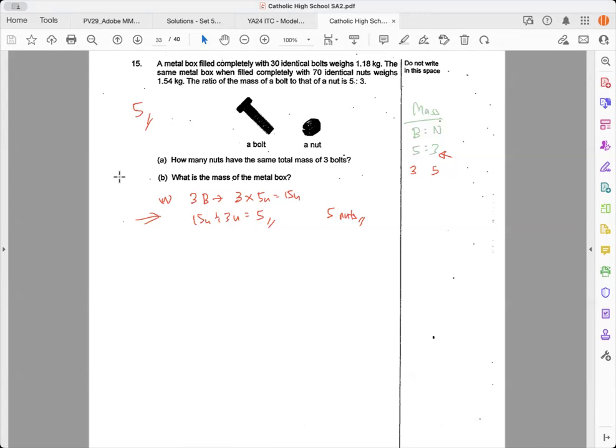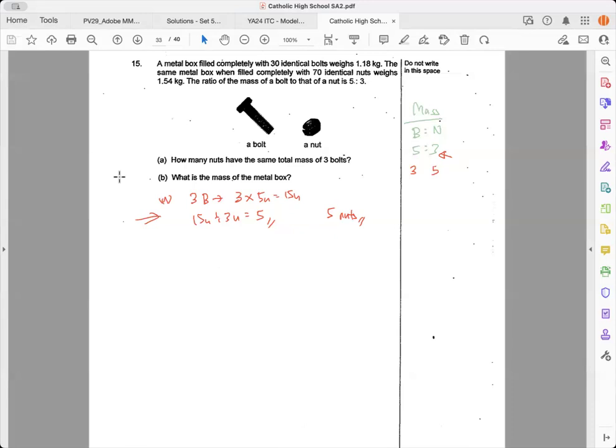If for some reason you cannot do this, just write 5 times 3, 15, 3 times 5, 15. So it's 5 nuts. If your thought process is like that, write it down. Don't just give the answer without methods shown. Okay, let's look at part B.